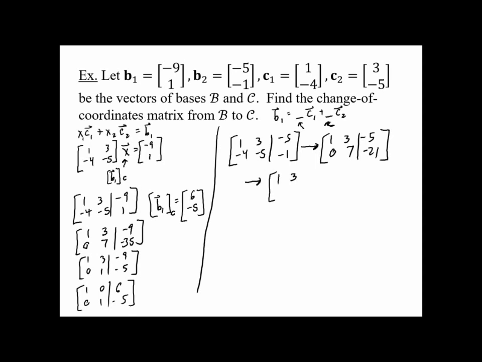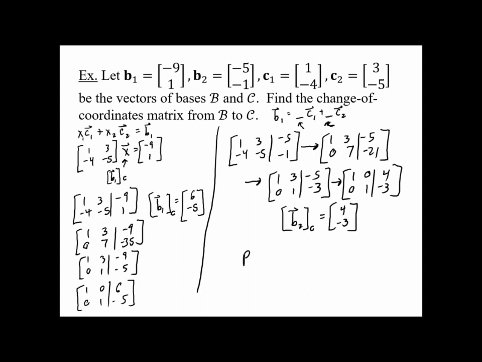Getting 1, 3, negative 5, 0, 1, negative 3. And then multiply the bottom by negative 3 and add the top. Is 4, 0, 1, negative 3. Okay, so the C coordinates of B2 would be 4, negative 3.